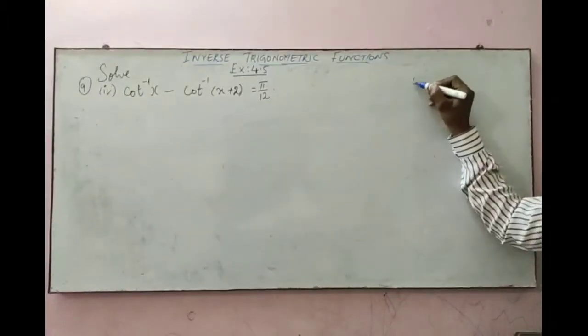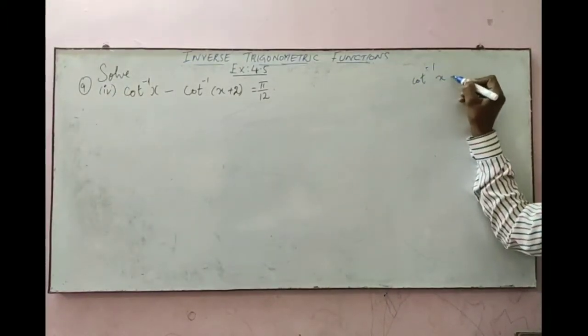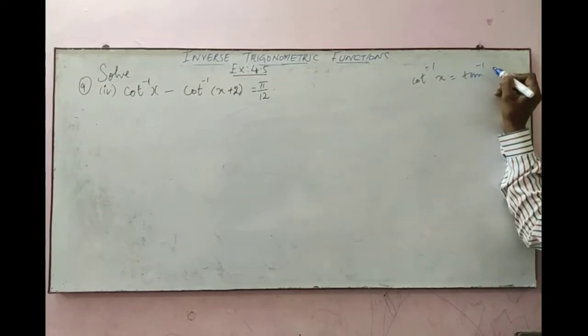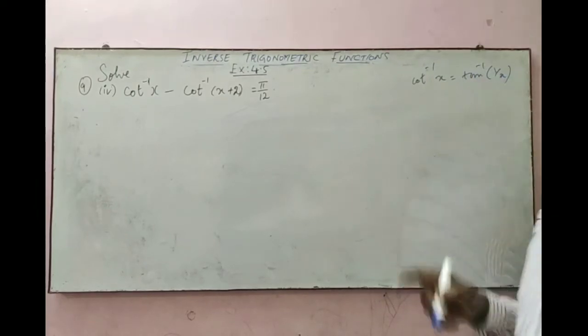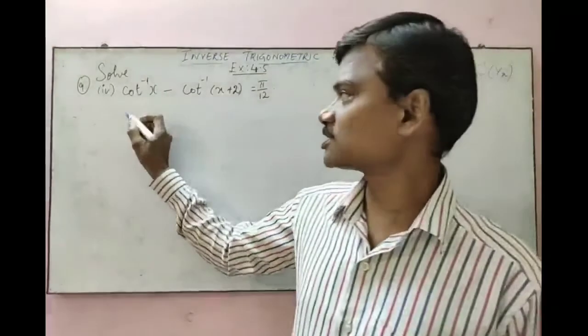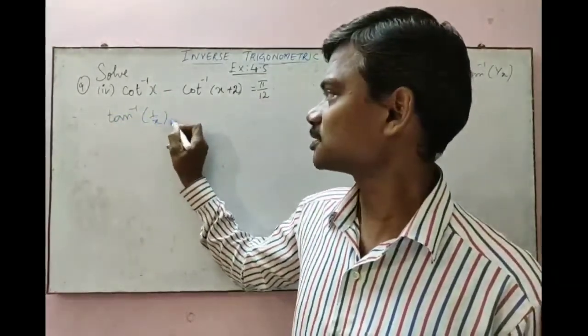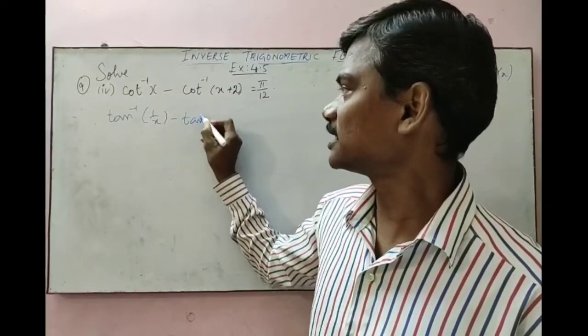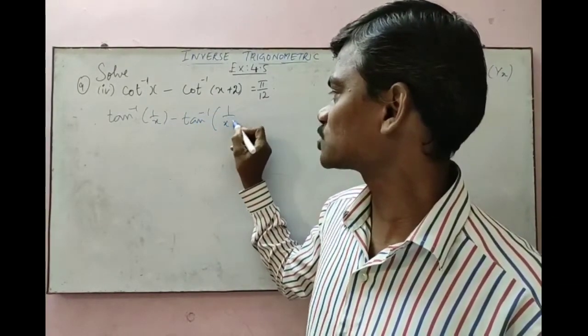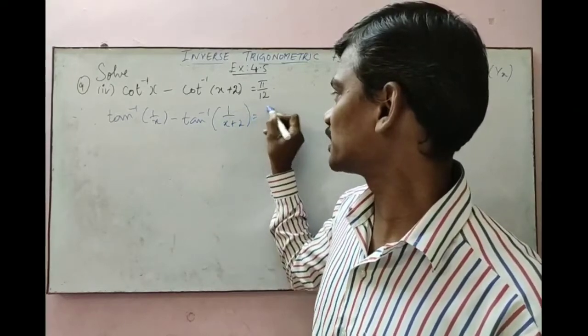We already did. Cot inverse of x is equal to tan inverse of 1 by x. So using this, I am going to write this as tan inverse of 1 by x minus tan inverse of 1 by (x plus 2) equal to pi by 12.